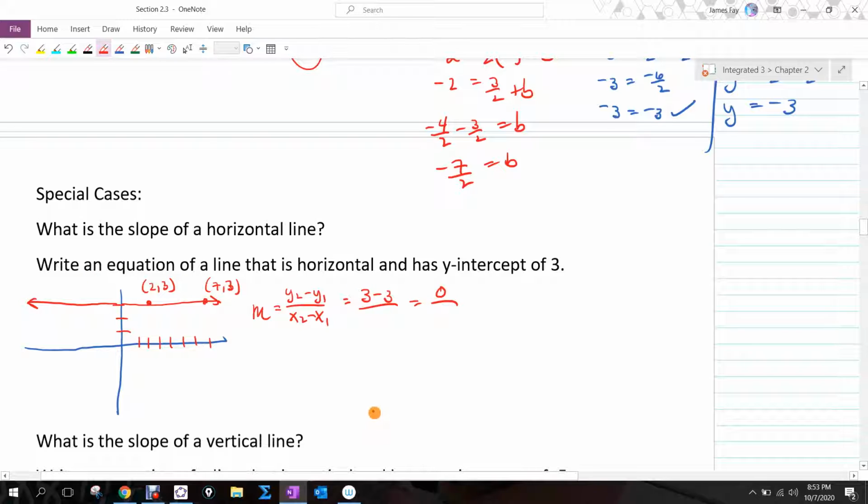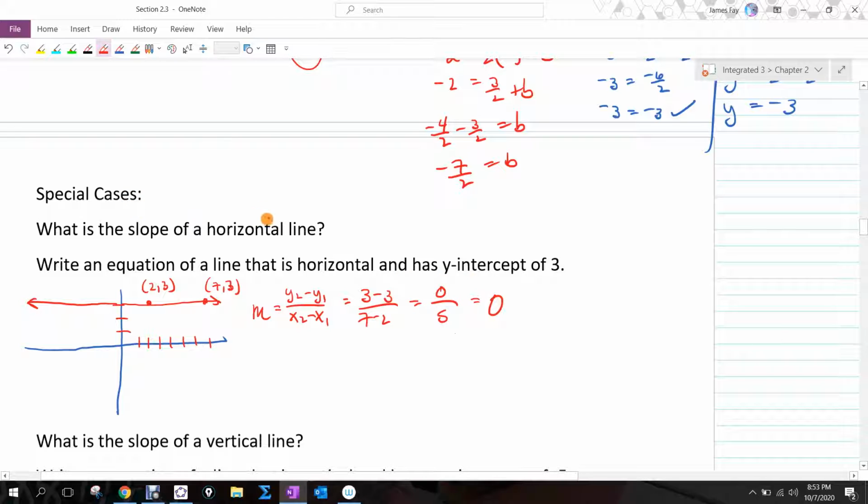And because it's horizontal, this number on the bottom, I don't care what this number on the bottom is. In our case, it's going to be 7 minus 2, which is 5, but it doesn't matter. If it was (11, 3) instead of (7, 3), it would be a 9 on the bottom. But 0 divided by anything is 0. So I don't really care what this number is on the bottom. As long as the numerator is 0, my quotient's going to be 0.